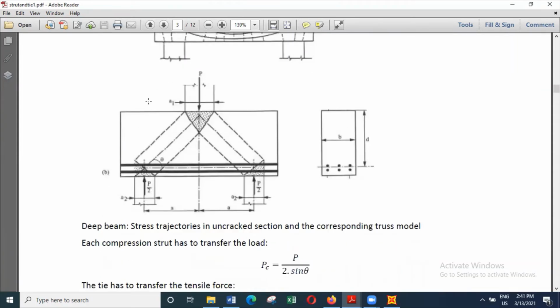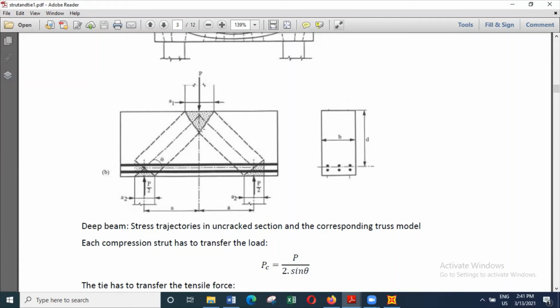So here you can see, when you apply a load this way, then this is in compression. That means we have a load acting this way, and using the strength of concrete, we are transferring the load to these two places.